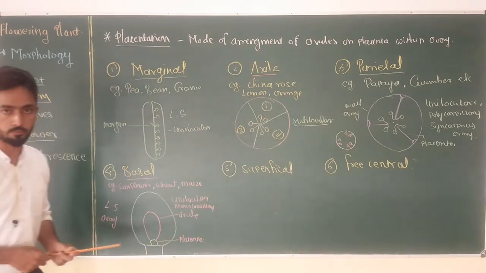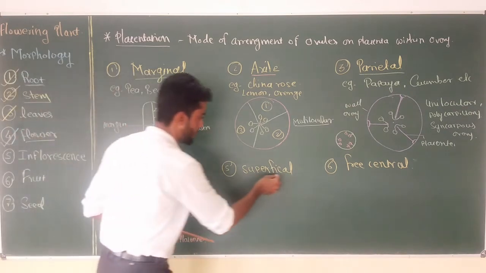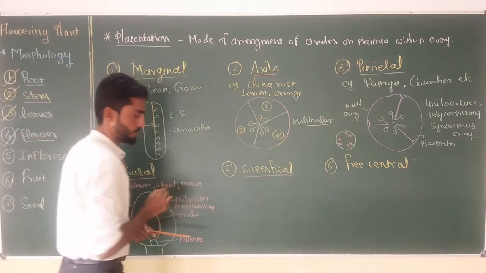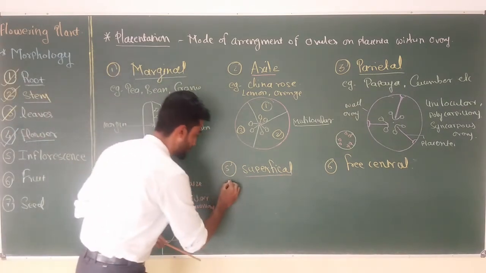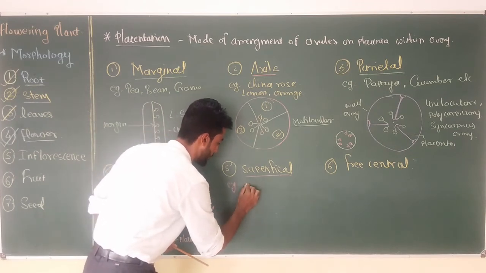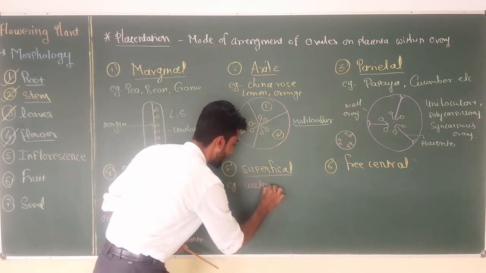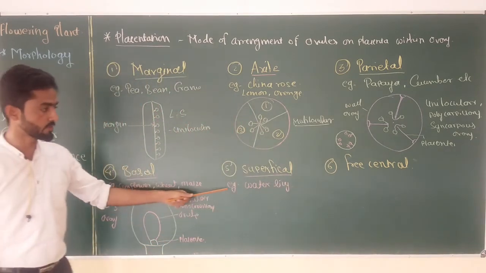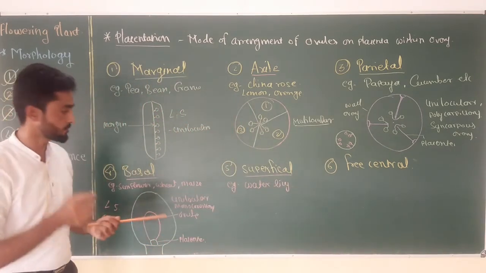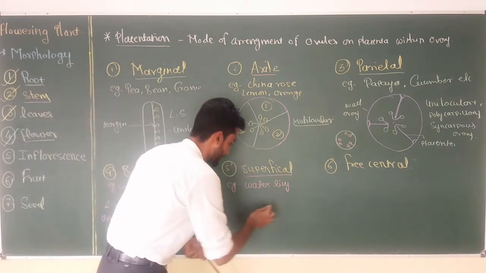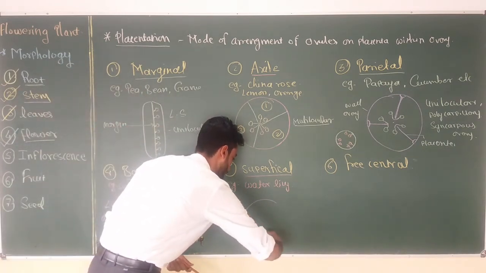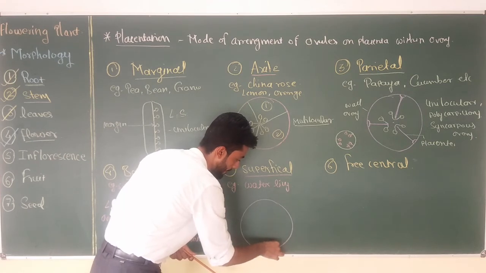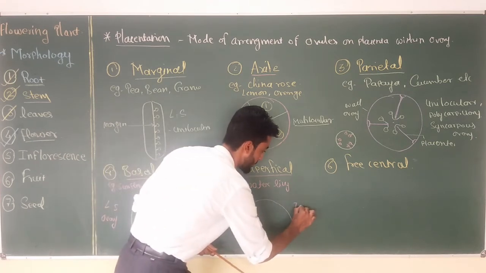Second last type of the placentation is superficial type of placentation. The plant in which this type of placentation is found is water lily. Water lily is the type of plant in which superficial type of placentation is found. Now, if we draw the transverse section of the ovary, this is the TS of ovary.